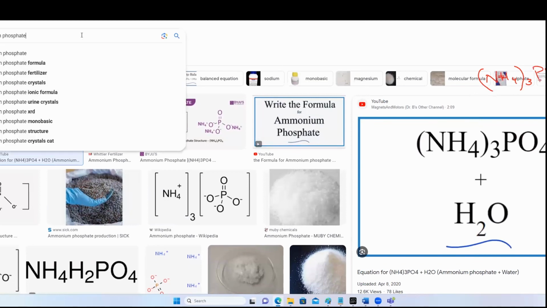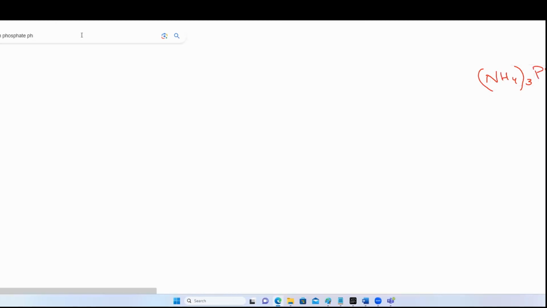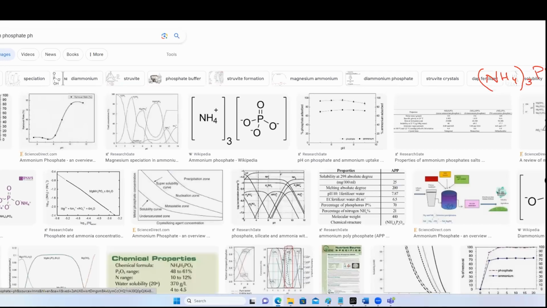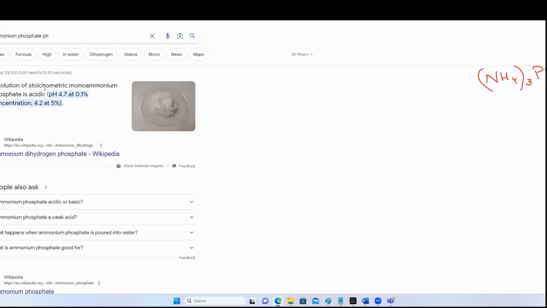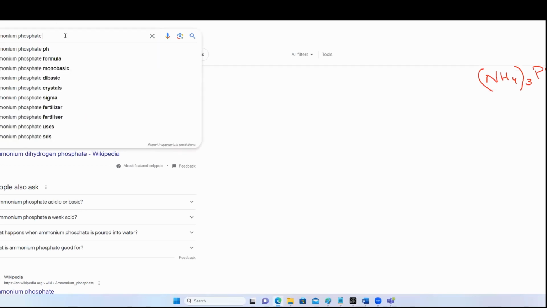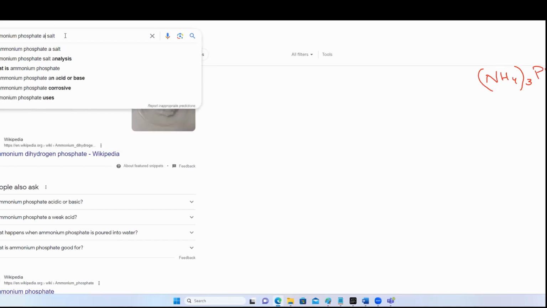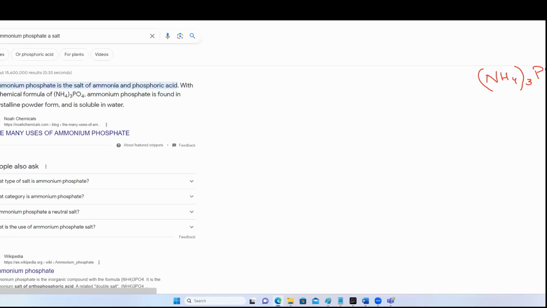How do we know if something is a salt? Ammonium phosphate. Oh, it is a salt, so it does not need to be a metal. Ammonium phosphate is a salt of ammonia and phosphoric acid.